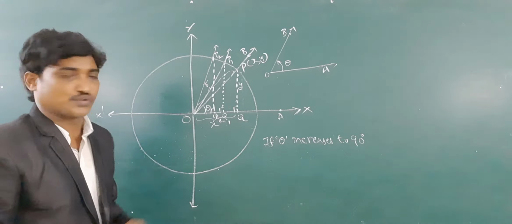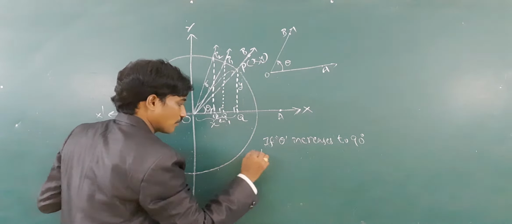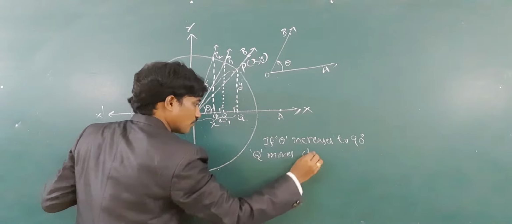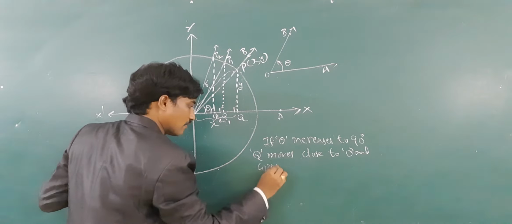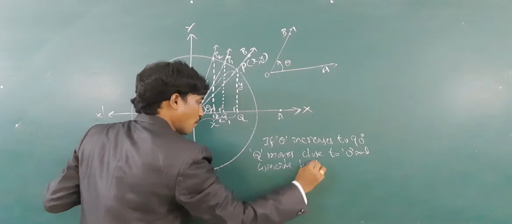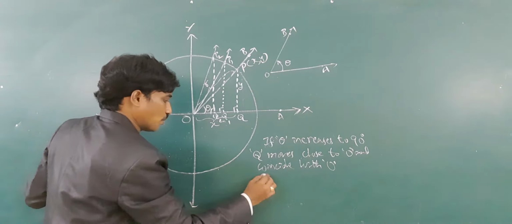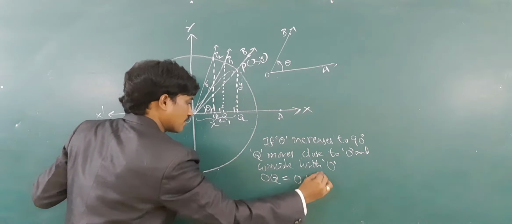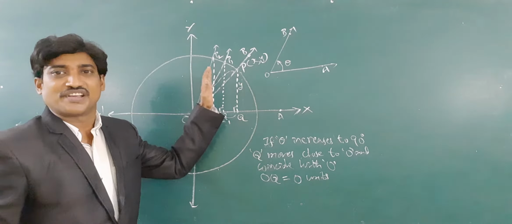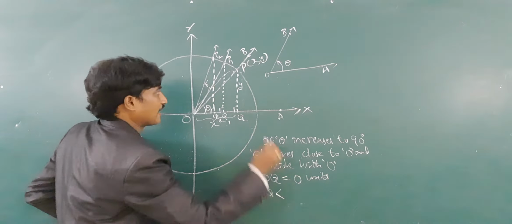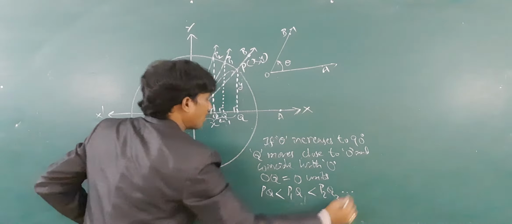When theta increases to 90 degrees, Q moves close to O and coincides with O. In that case OQ equals 0 units. And PQ is increasing: PQ is less than P1Q1, less than P2Q2, and so on.